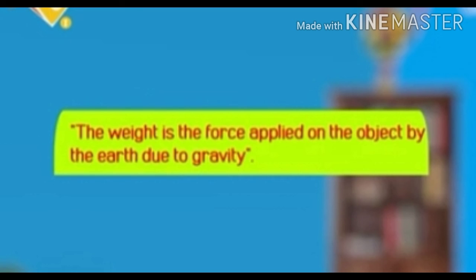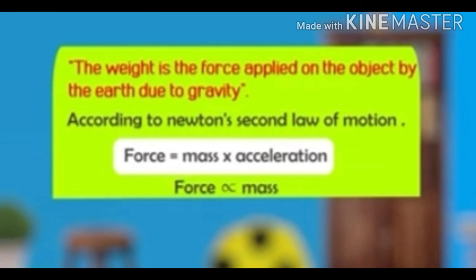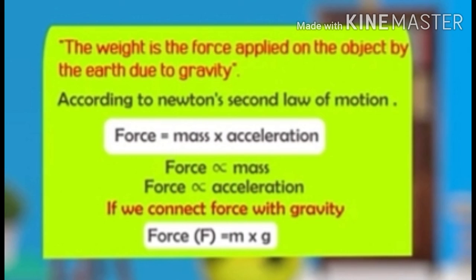In order to understand this weight, let's go by the second law of motion. In the second law of motion, we all know that force is directly proportional to the mass, and force is also directly proportional to the acceleration. Isn't it? We remember this.